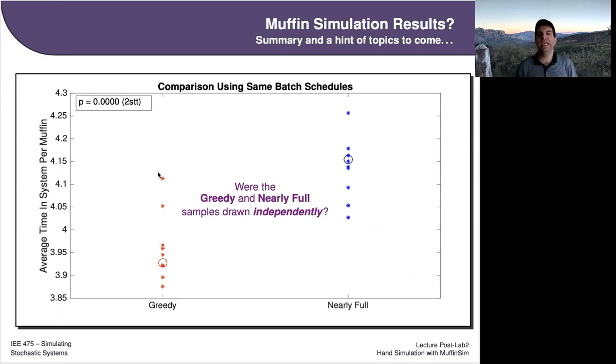For this schedule, any policy is going to give us a slower time per muffin. And so by pairing these things together, it helps us better understand sources of variance. Because I could just have variance in my muffin schedules, and I want to be able to tease out how much variance is due to my choice of policy.